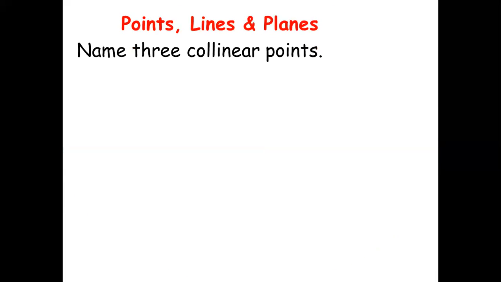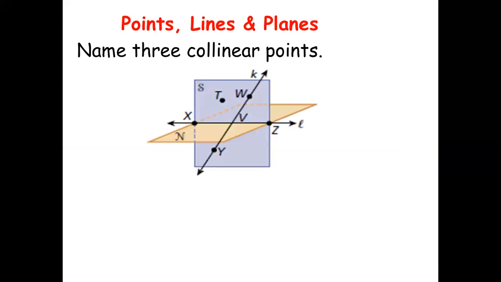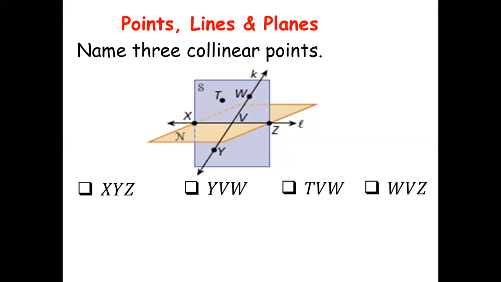Right. The next question is name 3 collinear points. If you would have listened to what I said in the previous slide, this is going to be easier. Name 3 collinear points. So the same picture for you. Now the options for you are XYZ, YVW, TVW, or WVZ.